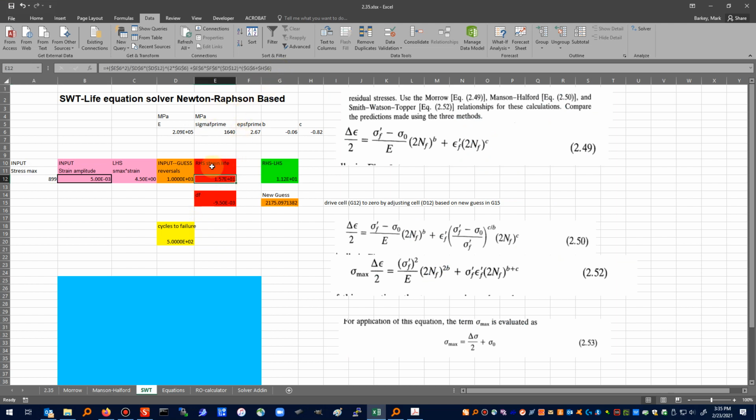I label this strain life based. So this is my Smith-Watson-Topper. We have sigma f prime squared over E times 2Nf to the 2b, plus sigma f prime epsilon f prime times 2Nf to the b plus c.